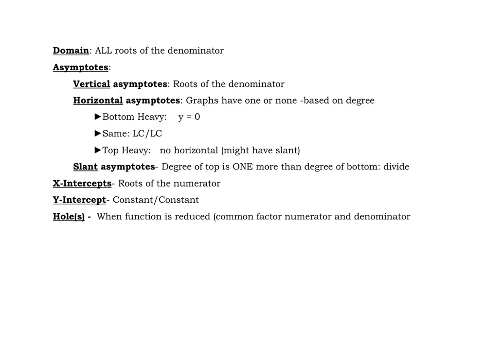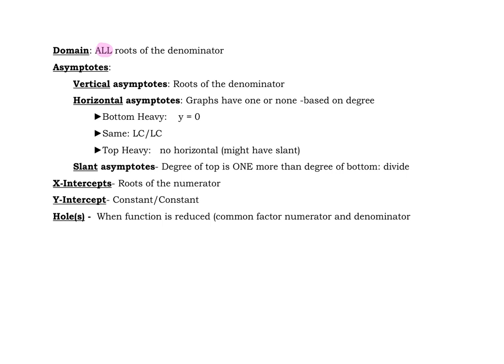Okay, so some things about rational functions: the domain excludes all the roots of the denominator. We'll get into that when we have holes, and sometimes that piece of the denominator is factored out, but it's still part of the domain, and we'll talk about that when we get to an example.